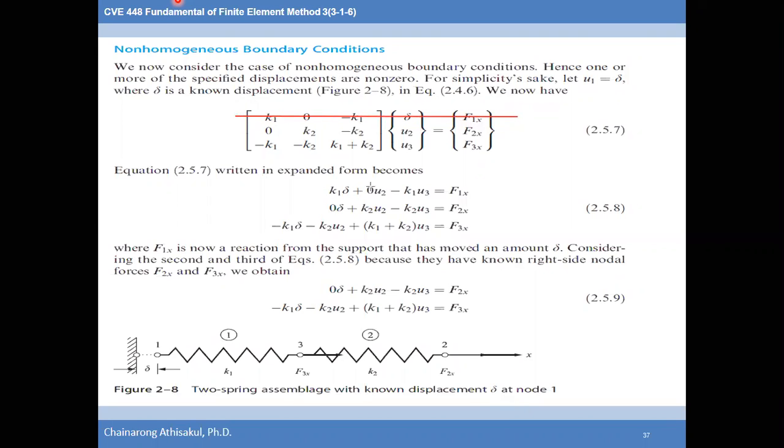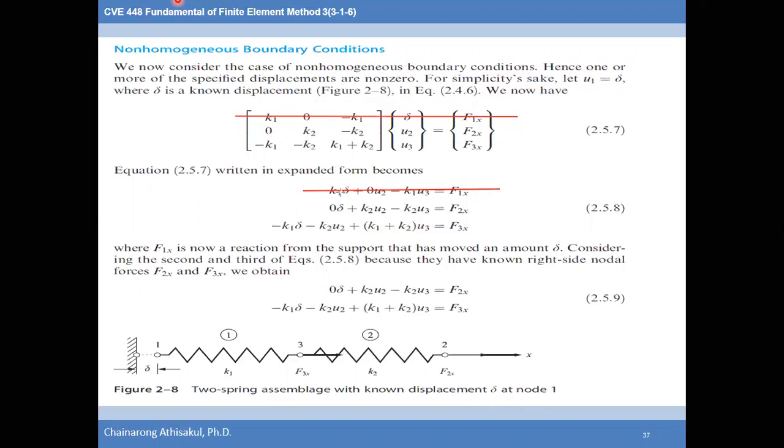Actually, we will not eliminate it, we just do not consider it right now, because we know u1 already, that it is equal to delta. So for the first equation, we will keep it. We will solve just for u2 and u3, which are the unknowns right now.